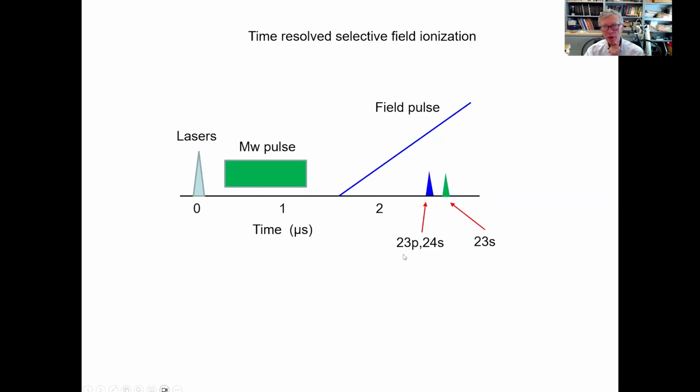Since the 23P and 24S states lie higher in energy than 23S, they're ionized first, and you get a signal pulse from them here, and the 23S atoms will come later. So if you simply set a gate right here and scan the microwave frequency, you can in fact find the resonant transitions from 23S to 23P or 24S. And those are shown here.